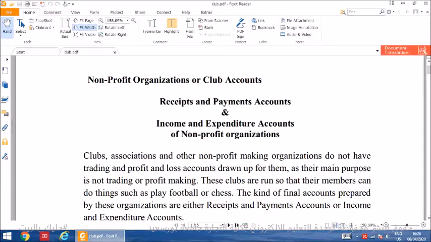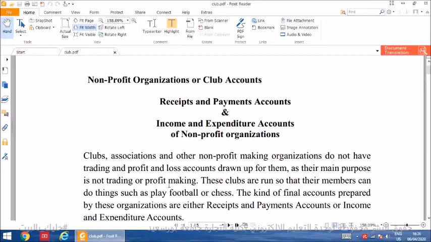So clubs, associations, and other non-profit making organizations don't have trading and profit and loss accounts drawn up for them, as their main purpose is not trading or profit making.